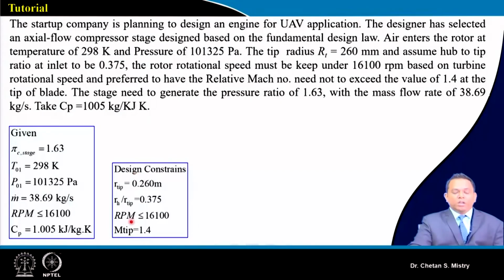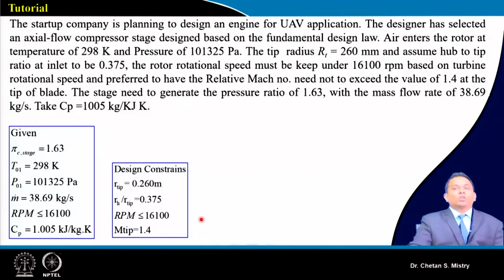Under this condition, we have a constraint on the diameter of the casing. We also have the inlet radius ratio given to us, and the tip Mach number should not exceed 1.4. So we can say these are our design constraints.